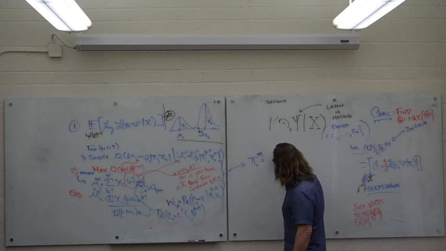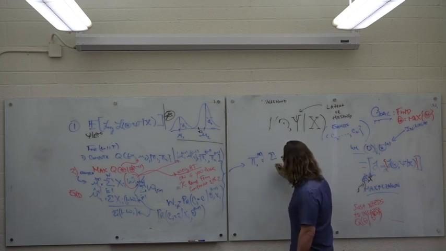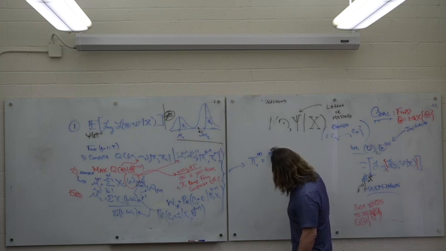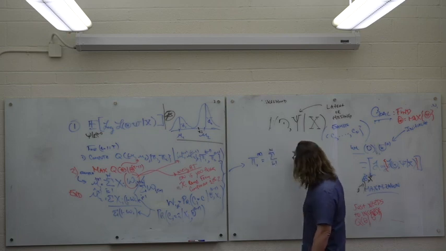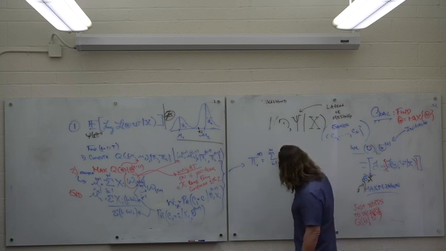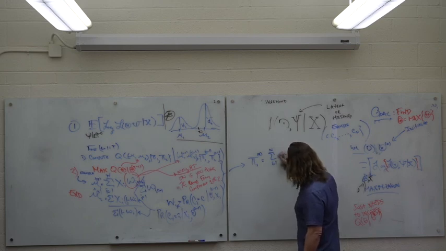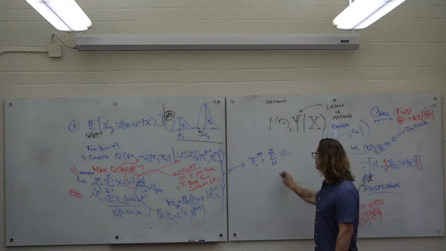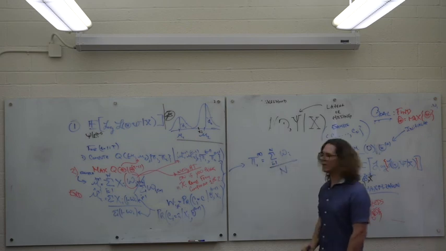This is going to be the sum, i goes from 1 to n, right here, of these probabilities. I'll write it down like this, wi divided by n.